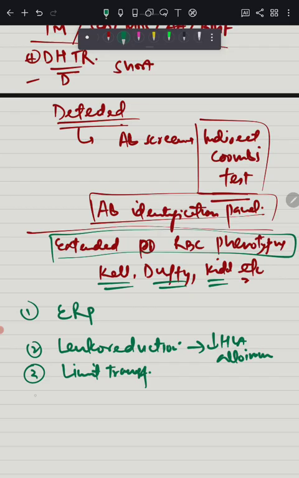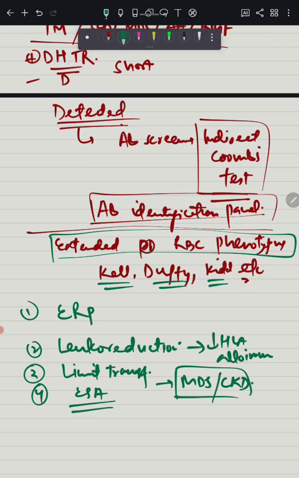Fourth, you should use erythropoiesis stimulating agents in MDS because they have a cellular marrow, or in CKD patients to reduce transfusion need. That's why you will often see CKD patients being put on erythropoietin, darbepoetin, because you have to reduce the risk of alloimmunization. When you have given multiple blood transfusions in CKD patients, a time will come when you transfuse the blood, and after a day or so, maybe less, there will be a delayed hemolytic reaction.